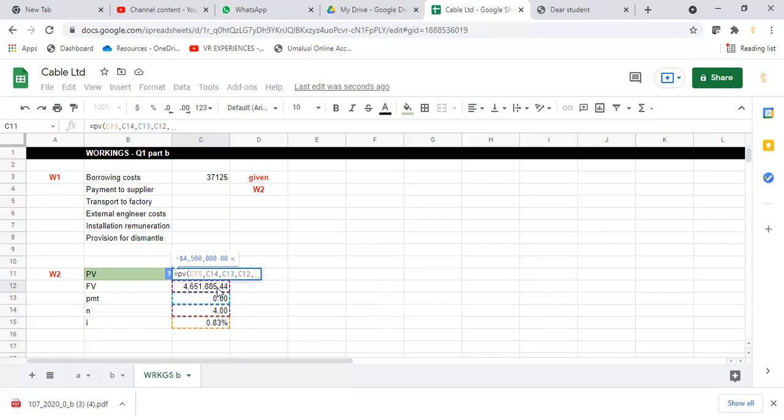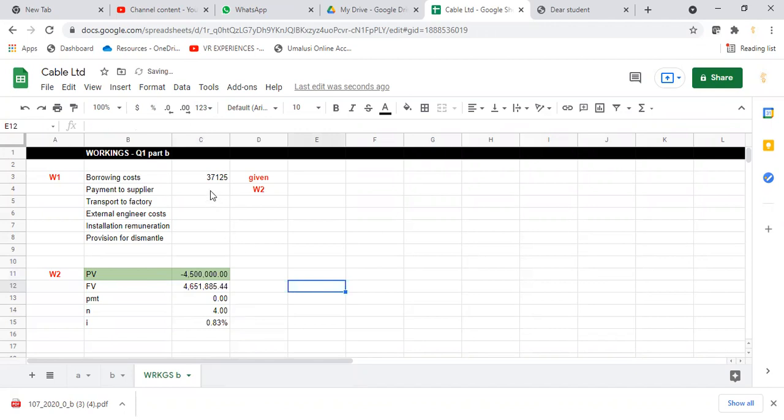This is paid at the end of the period, so Google Sheets wants 0. If it is the beginning of the period, Google Sheets and Excel want you to put in the number 1. What's important for your financial calculator is that the default is end of period. If you want it at the beginning of the period, you need to adjust your financial calculator. So just take note.